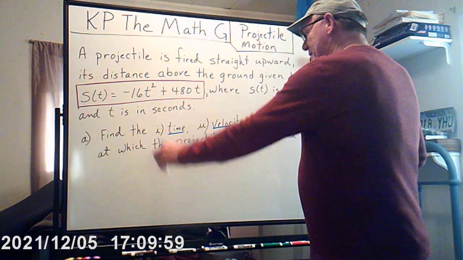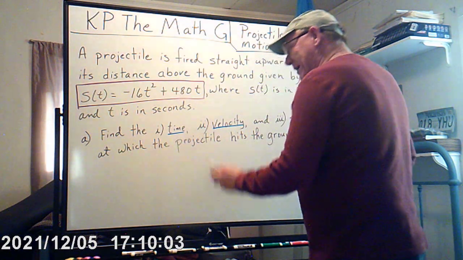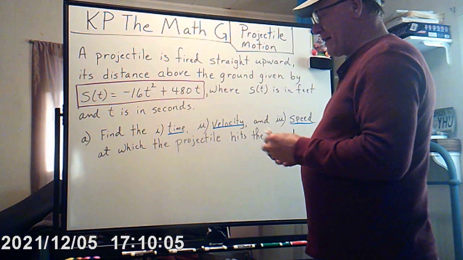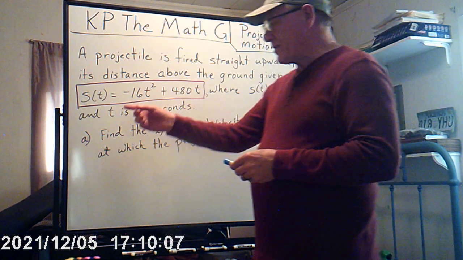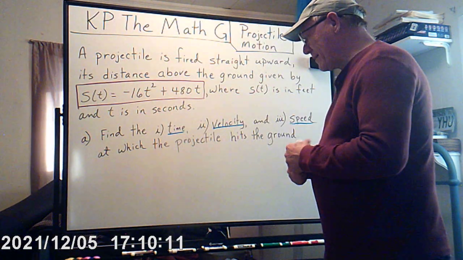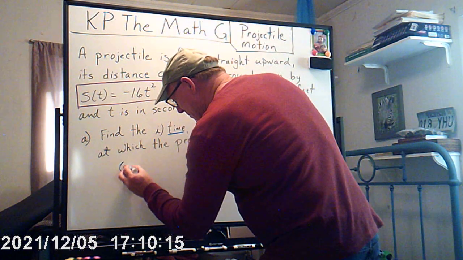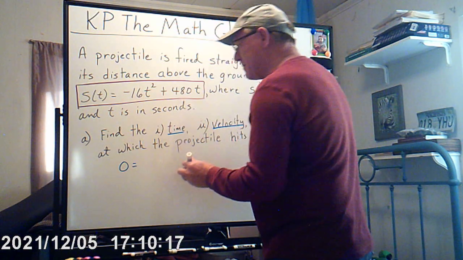After it's traveled its complete path, it falls to the ground, and at that point the distance is 0. So let's set S(t) equal to 0.